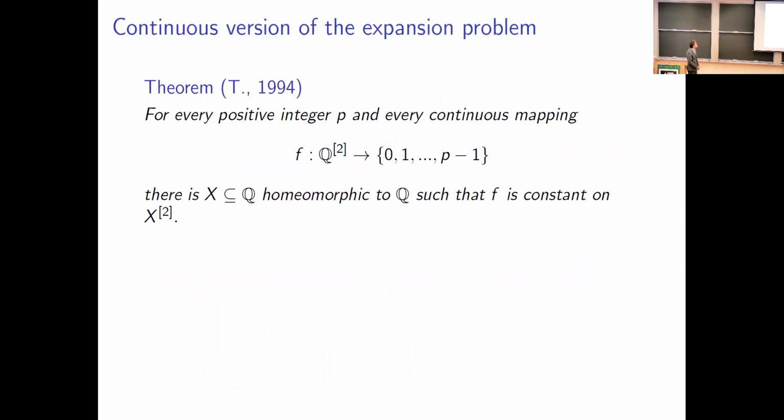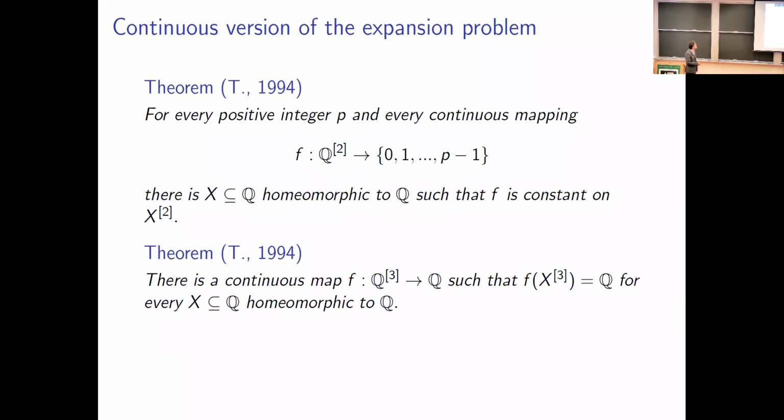And continuous turned out to be actually true, and the proof uses Hyman theorem in higher dimensions. As a matter of fact, it uses Hyman theorem exactly in dimension 2. And if you go to dimension 3, there is bad news.